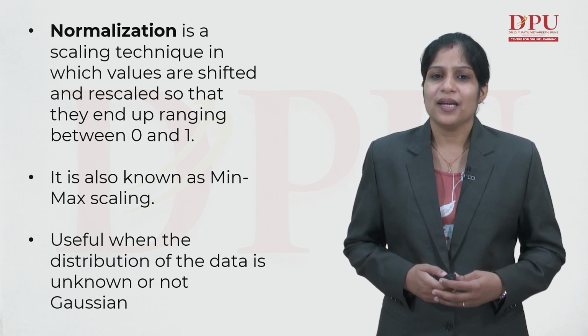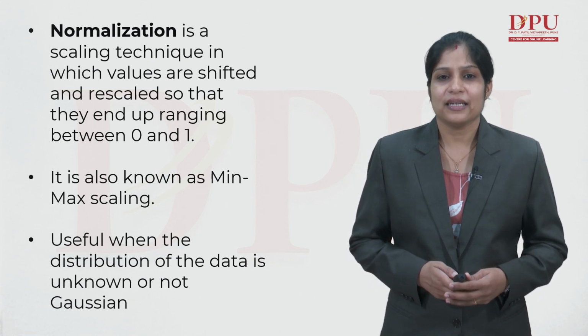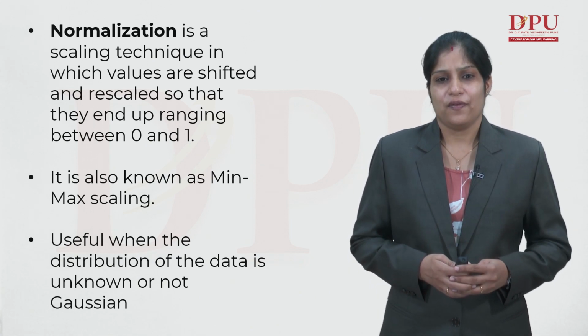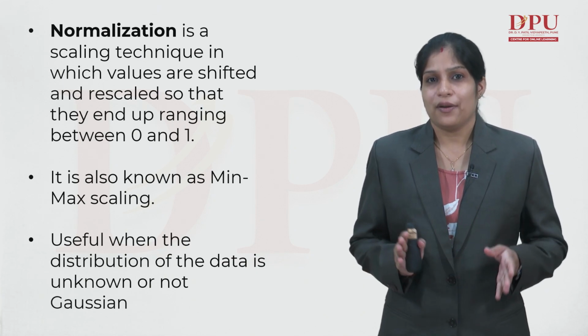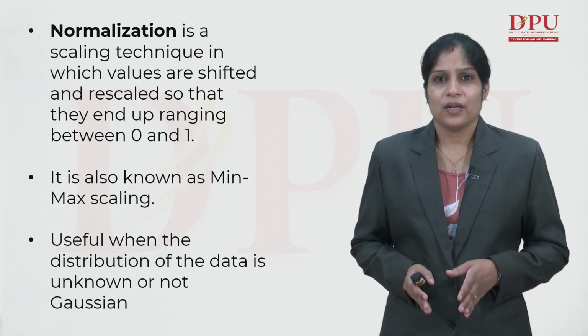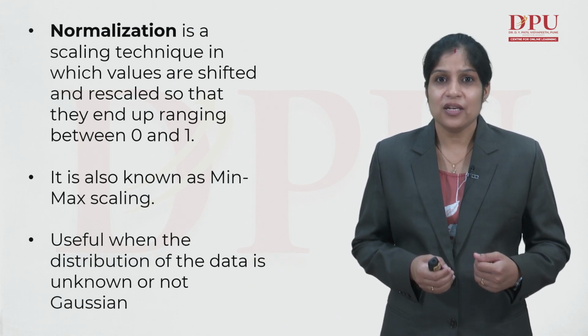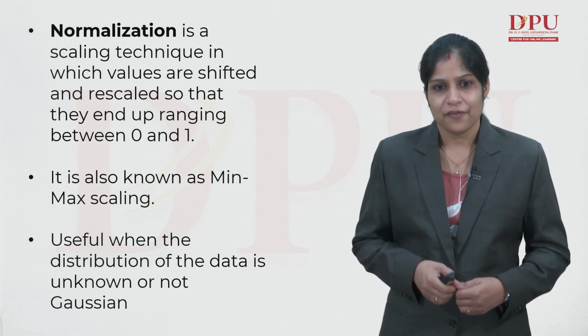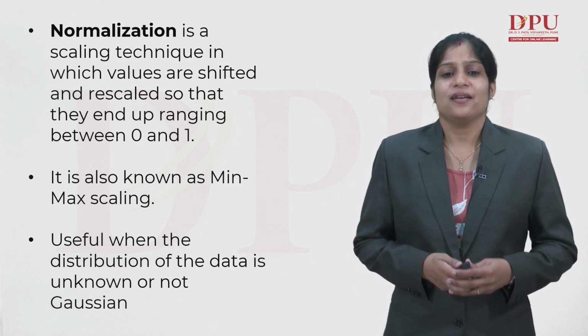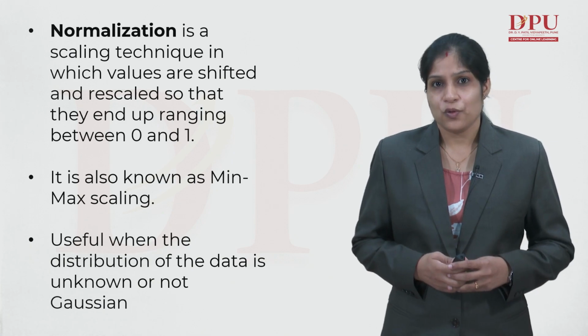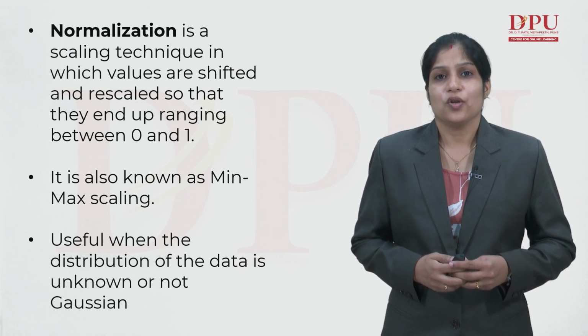Normalization is again a scaling technique, where we shift and rescale our values so that they lie between 0 and 1. Here 0 and 1 are not associated with the mean or standard deviation. Normalization is also known as min-max scaling, and it is useful when the distribution is unknown or not Gaussian.